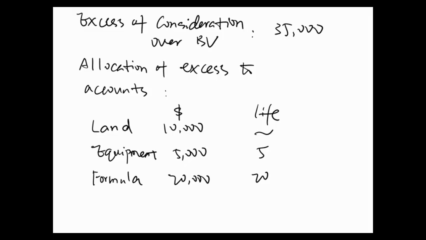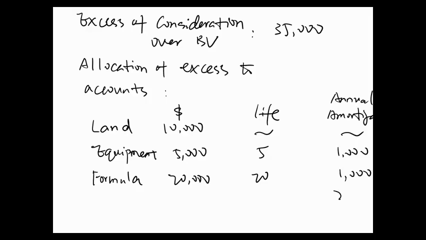And then next, assume they are using the straight line method to depreciate their assets. So the annual amortization would be 1,000 for equipment and 1,000 for the formula.